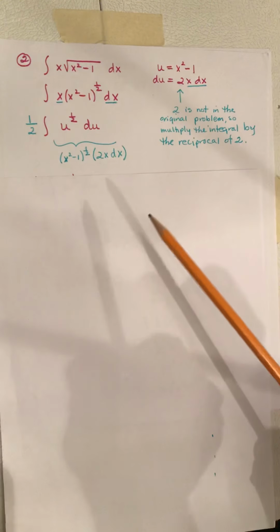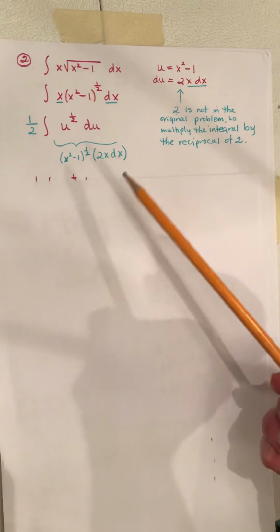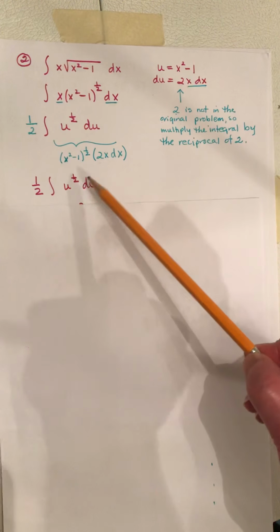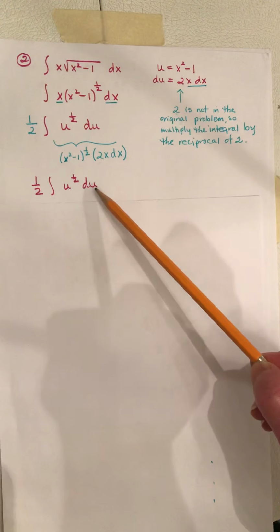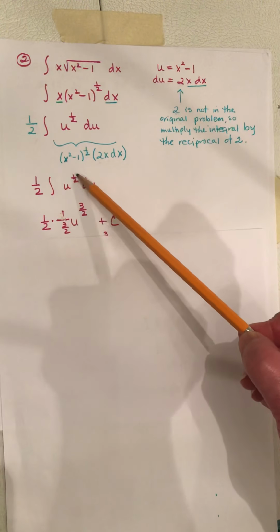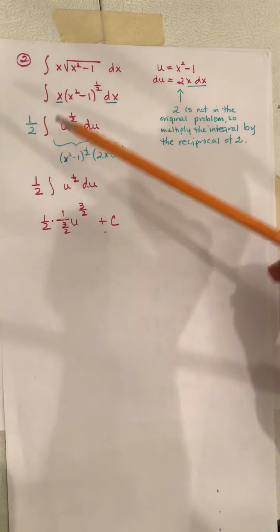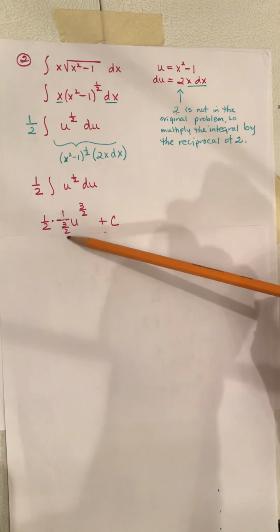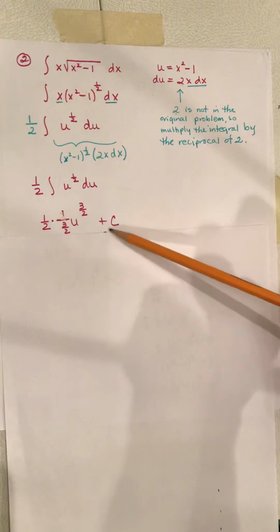All right. So what we really need to write is just 1/2 times the integral of u to the 1/2 du. And then we integrate that. We add 1 to the exponent. 1/2 plus 1 is 3/2. Our coefficient, let's consider it just a 1 now. We're going to take 1 divided by 3/2, and we have our plus c.